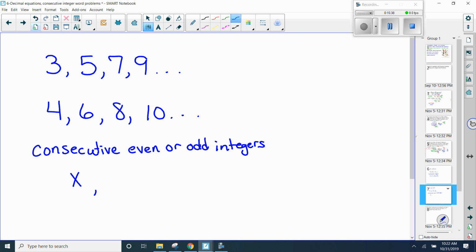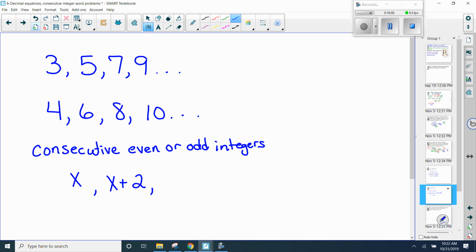Now keep in mind, x will be even or odd based off of what you are looking for. But to get to the next one, it's going to be x plus 2. If x was odd, like 3, the next one would be 5. If x was even, like 2, the next one would be 4. 2 plus 2 would be 4.